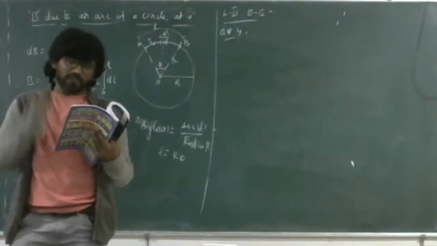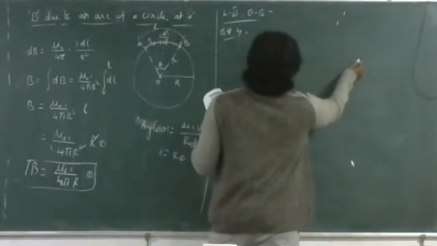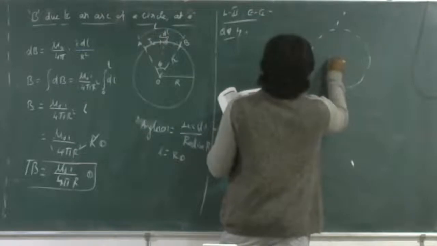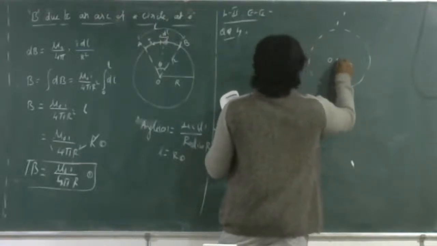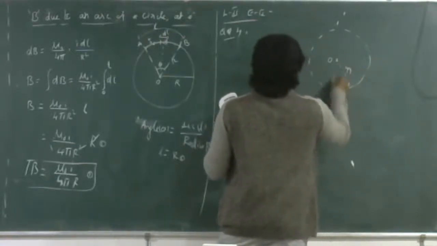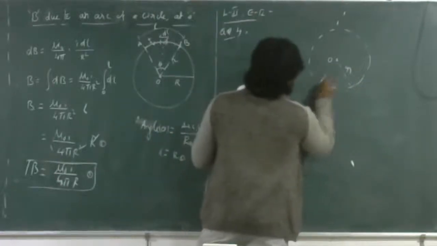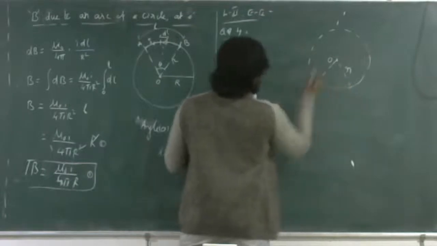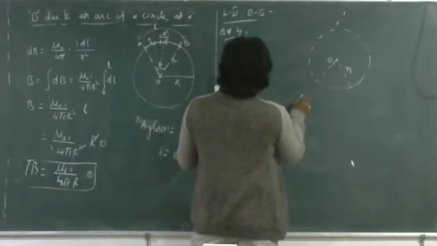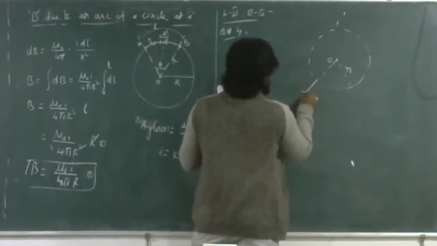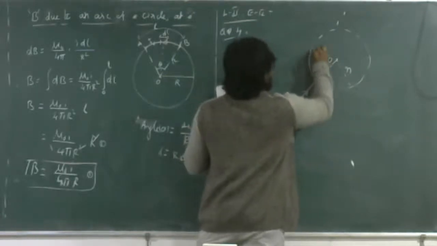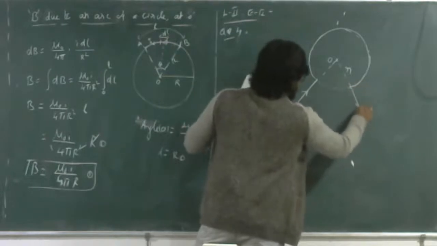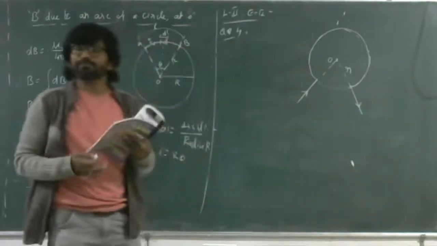Level 2, exercise 2. This is the figure. We have a circle with center O and radius, let us say, small r. A part of this circle is removed, and a current enters along a wire connected here, passes along the remaining part, and leaves along this wire.